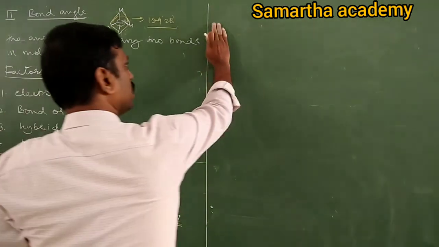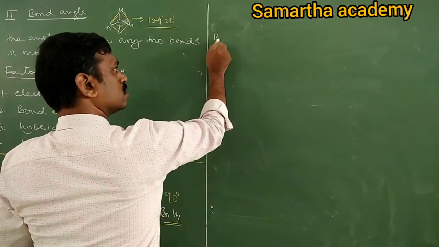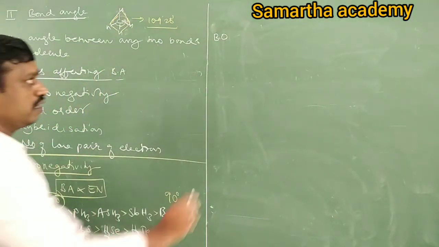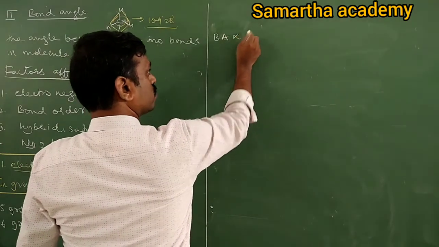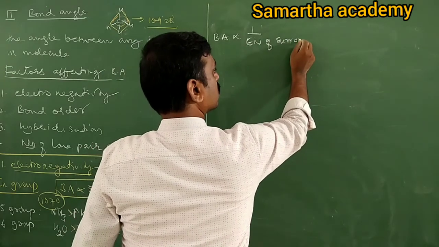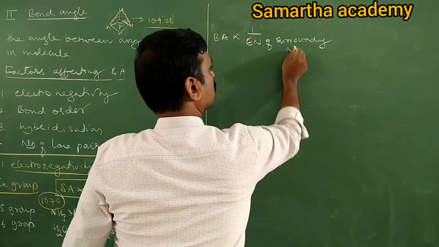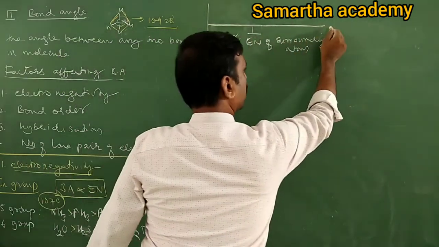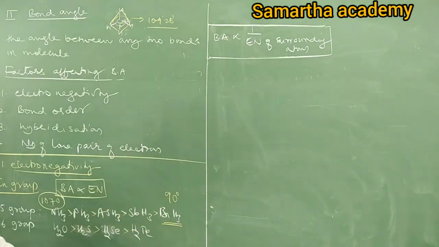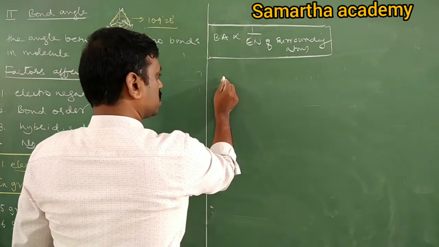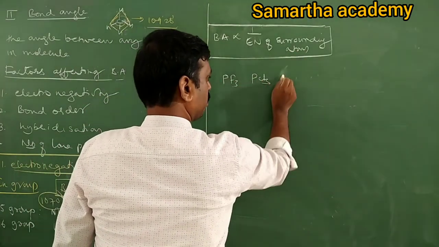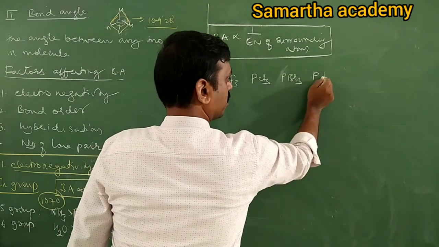Next, bond angle also depends on the electronegativity of surrounding atoms. Bond angle is inversely proportional to the electronegativity of surrounding atoms. Let us take an example: PF3, PCl3, PBr3, PI3.